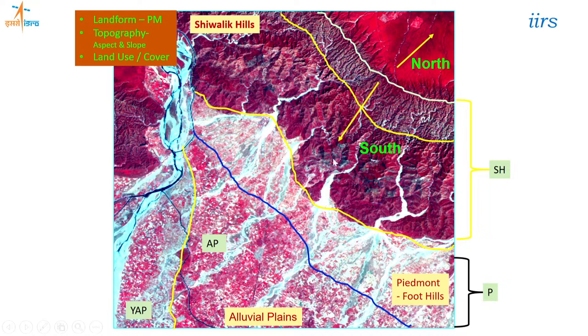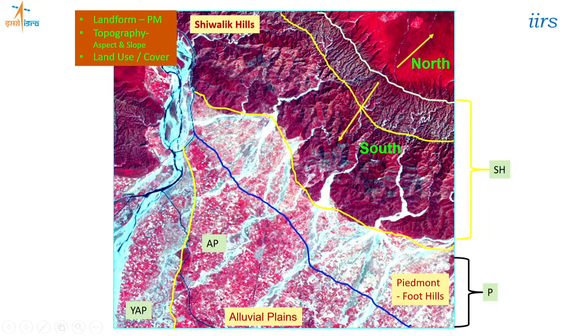So the Survey of India topo sheet or digital elevation model we can use to see the topography, and even satellite data also gives you a clue to study the topography. So I have divided this SH, or Shivalik hills, into two parts, upper and lower, and I can say this is SH1, this is SH2.